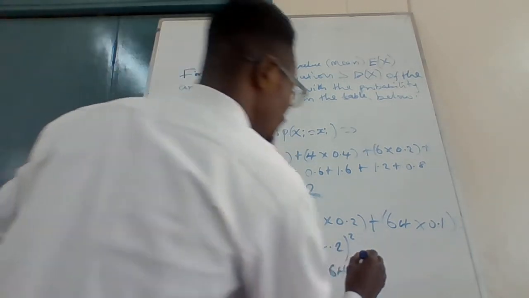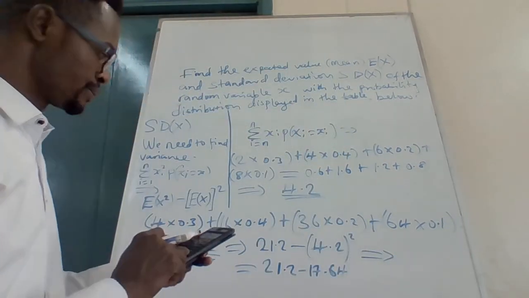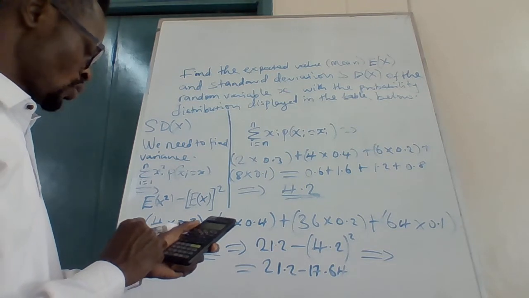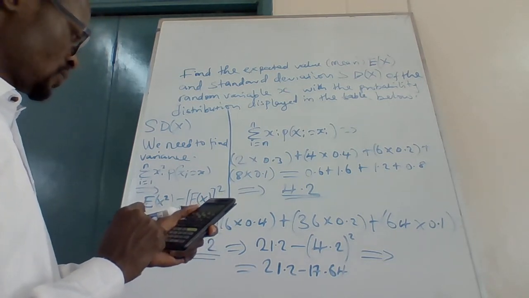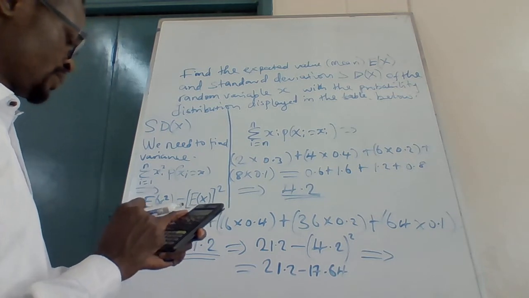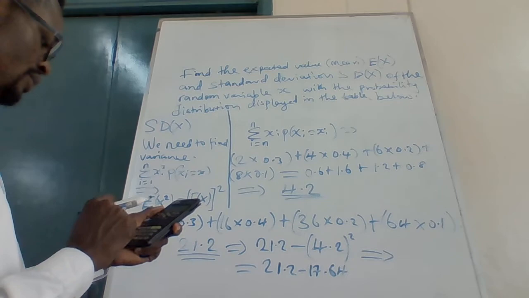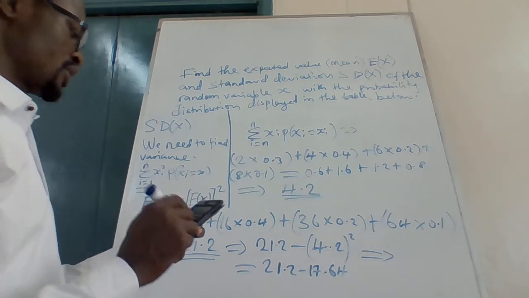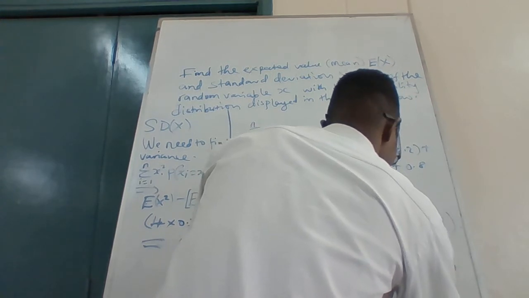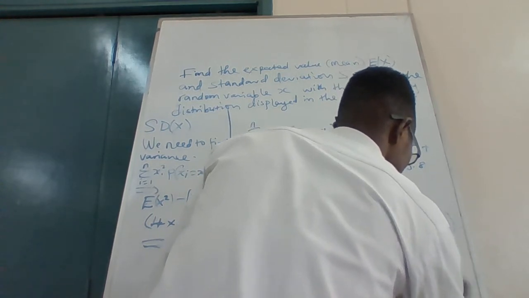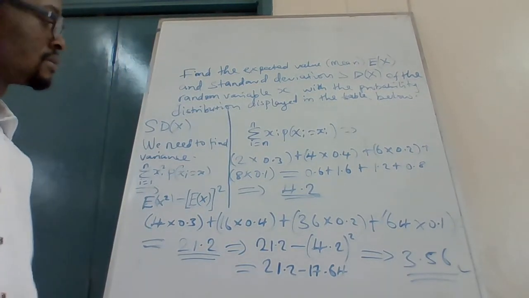Therefore, our variance is going to be 21.2 minus 17.64, which is 3.56. This value is our variance.